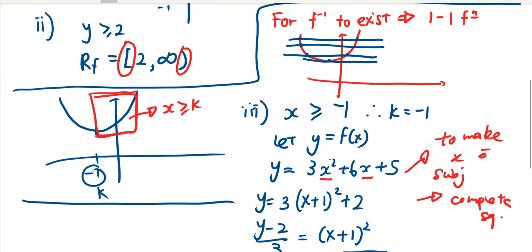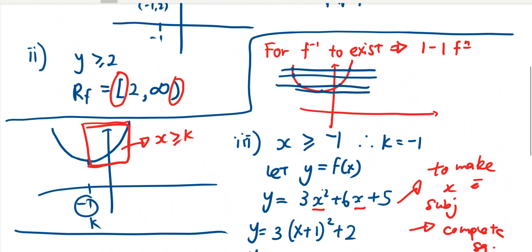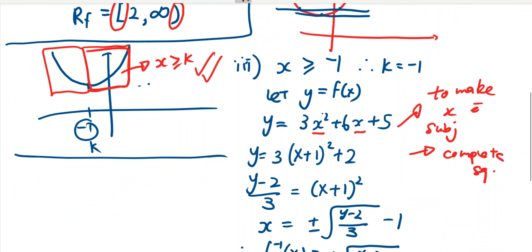Looking back at my graph here, remember they are looking for x greater than or equal to k. There can be two possibilities for which is 1-1. One is the left side and one is the right side. Because they want the right side one, the inverse function must be positive.